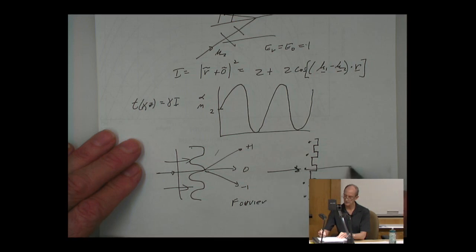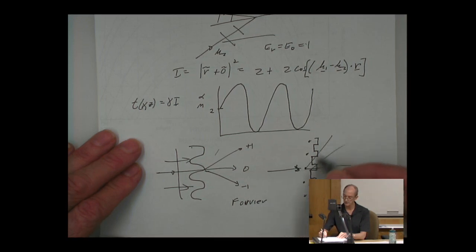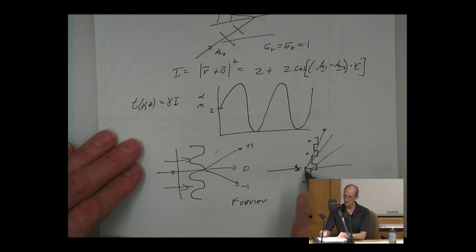These can give us many possible diffraction orders until we reach that sine theta equals 1 condition.